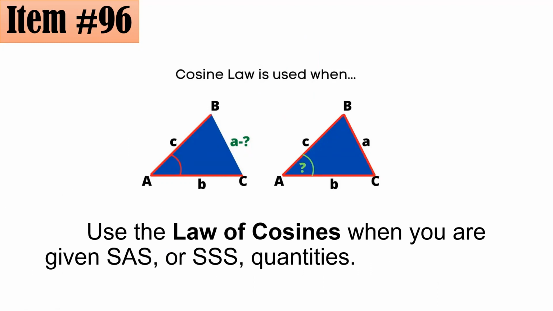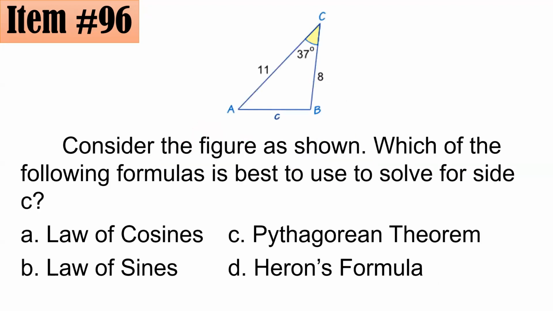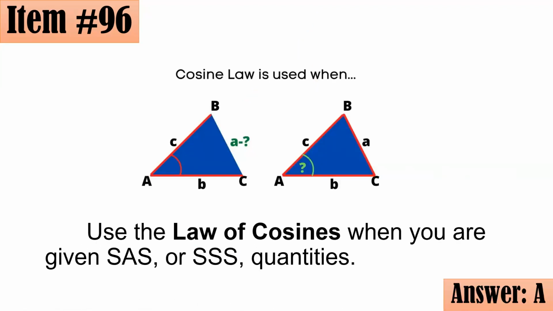Yan po yung hinuhulugan natin per math chart. SSS means side, side, side. And since the given that we had, meron po tayong side, angle, side, it's better to use law of cosines. Letter A. You have 2 sides and an included angle. Tama po.